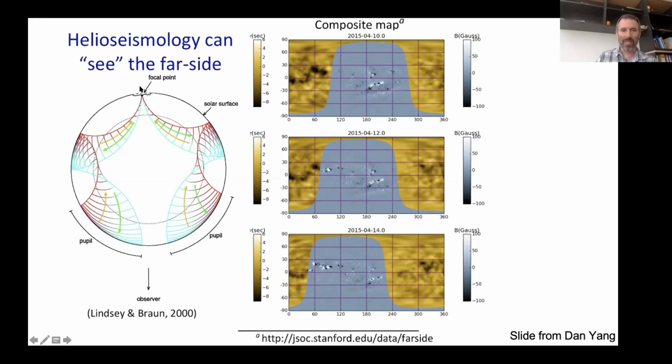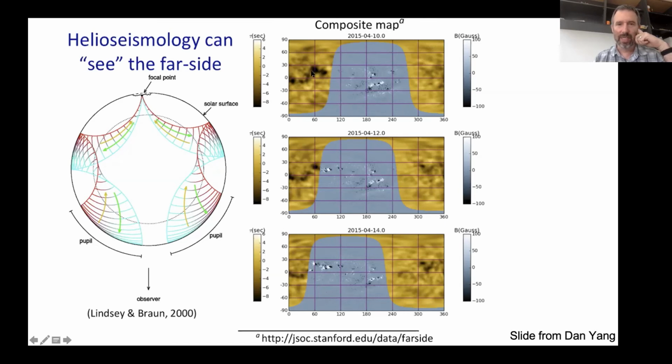And that something is whatever it is that causes changes in wave travel times. So you make maps of wave travel times as a function of where you put that focal point. And here are some examples. The yellow parts of the map show you these travel times measured with far-side imaging.